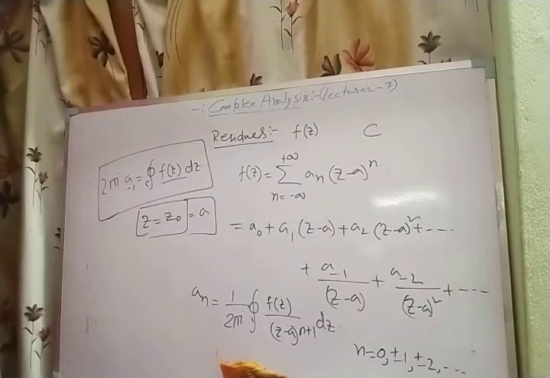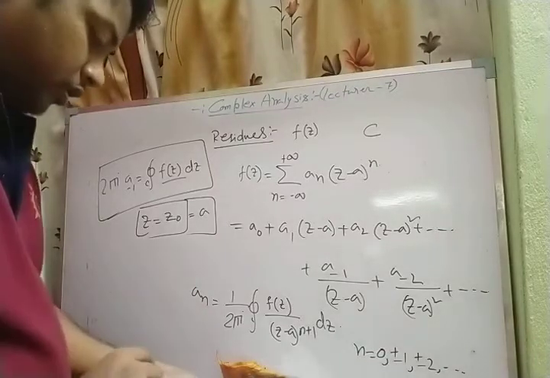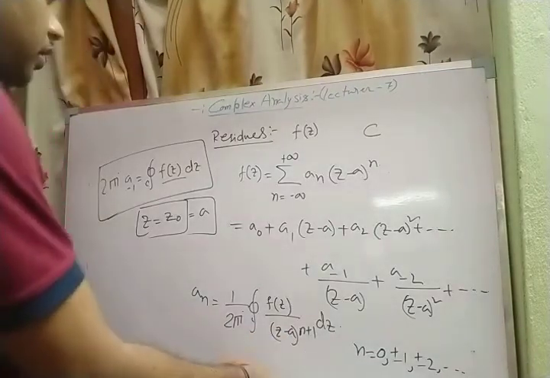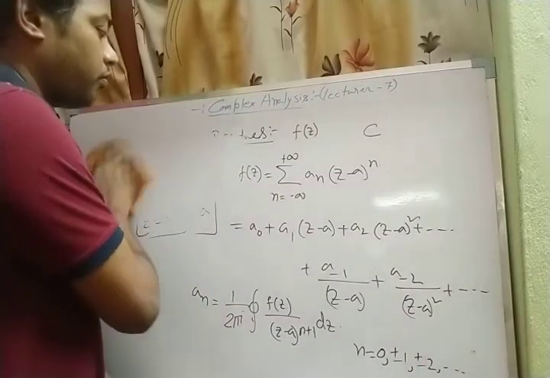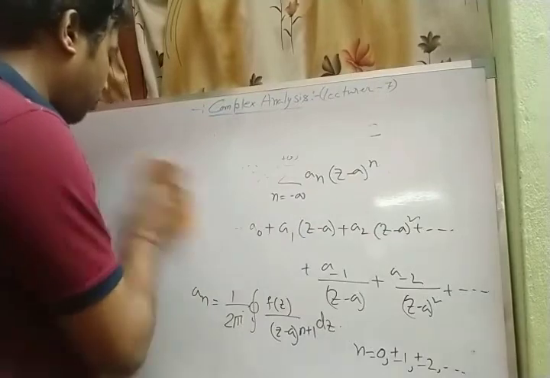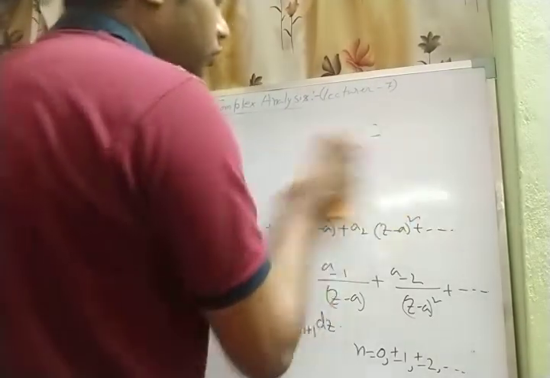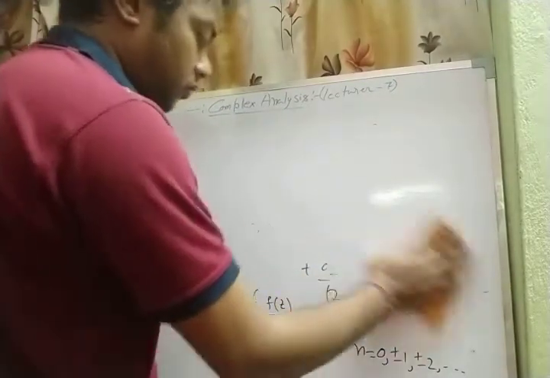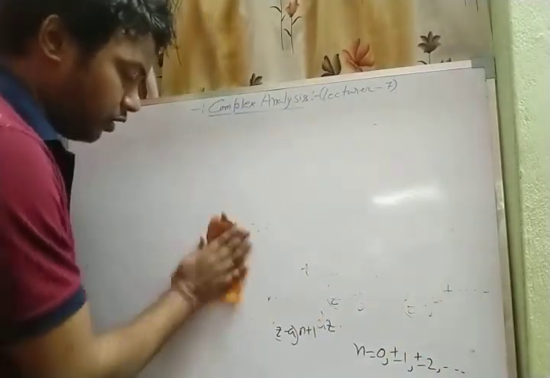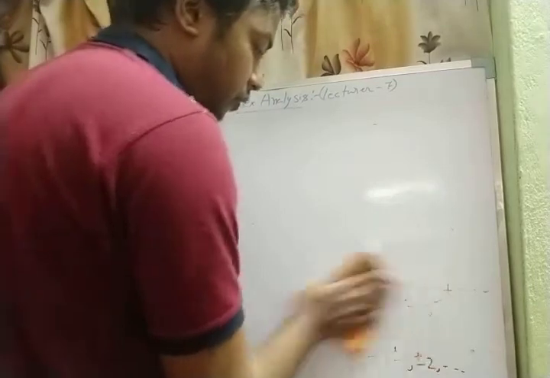Okay, now I would like to discuss how to calculate the residue of a complex function, whose poles may be of order 1, 2, or whatever integer value, we have to find it out.